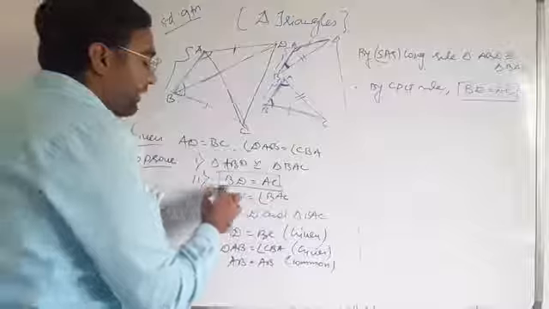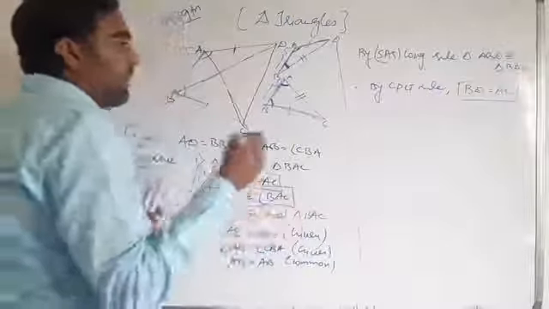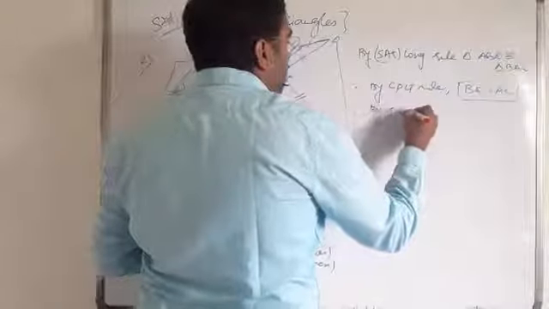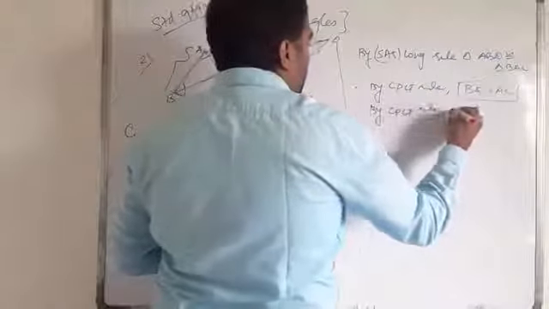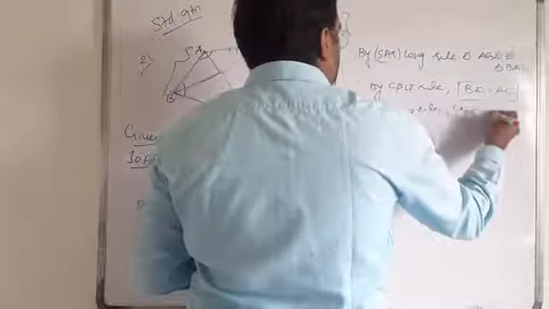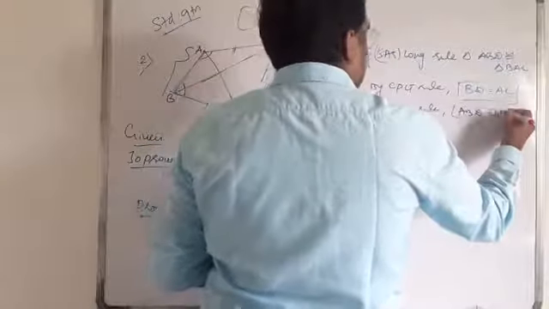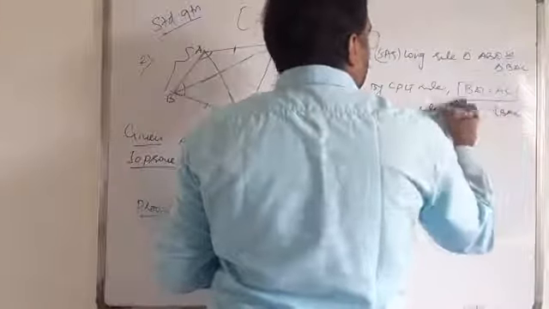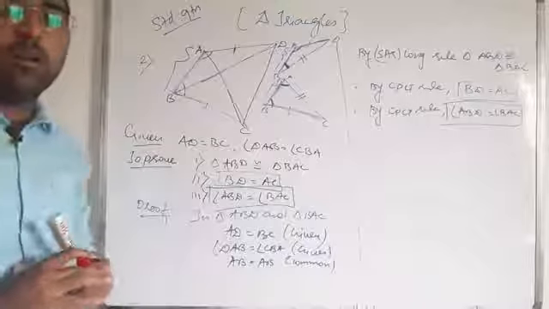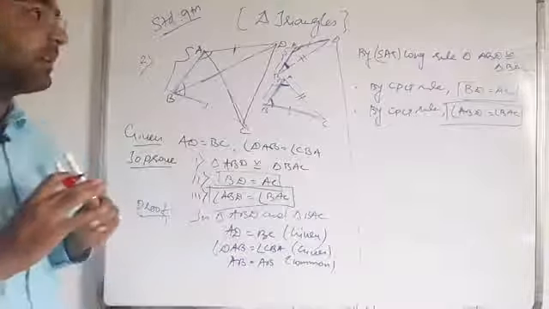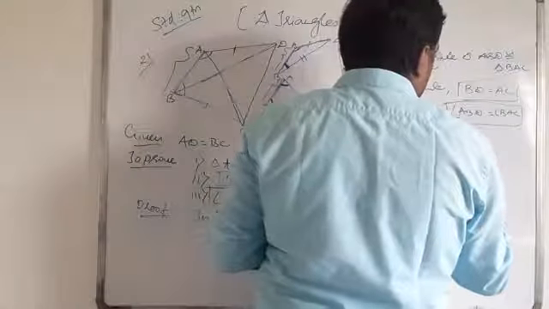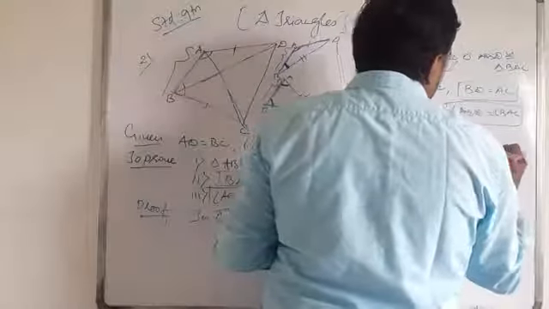So we also write that these two angles are equal by the CPCT rule. Therefore, by CPCT rule, angle ABD is equal to angle BAC. Clear? Here we can complete this sum, hence proved.